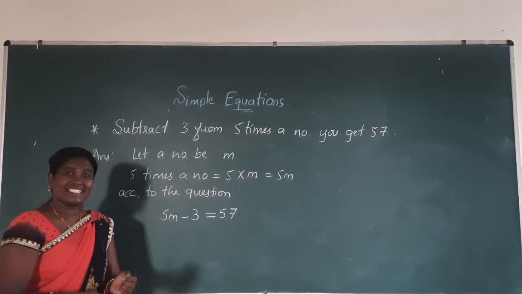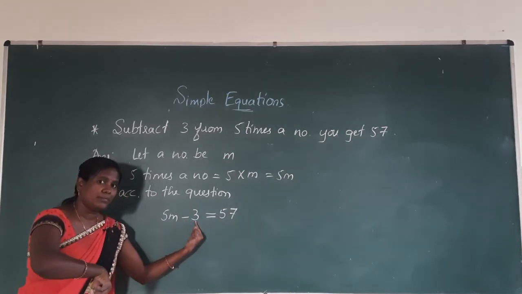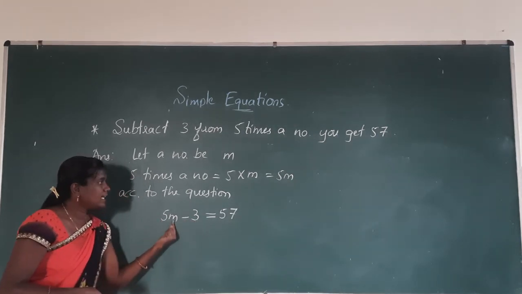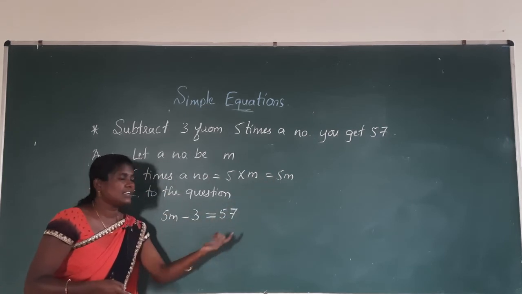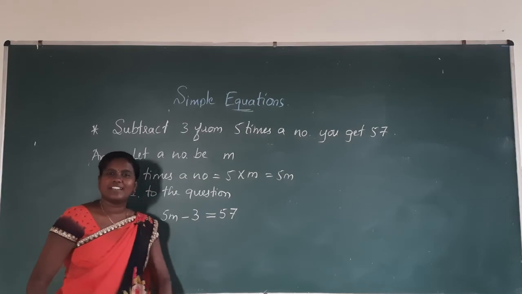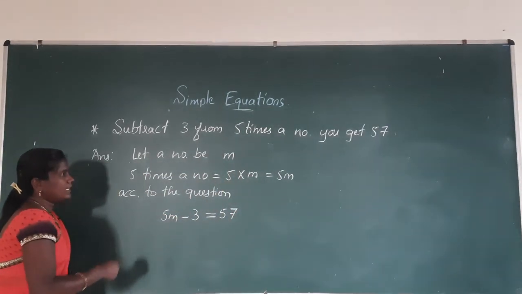So easy. Yes. Subtract 3 from, yes, 5 times a number, you get 57. That's correct. Over? Yes. Okay. So we'll take one more example.